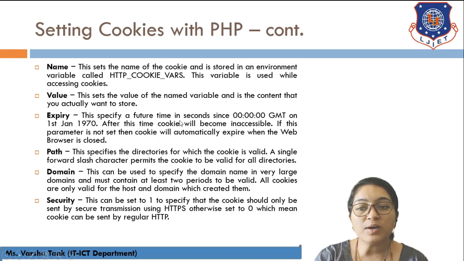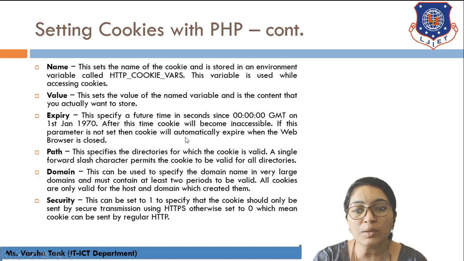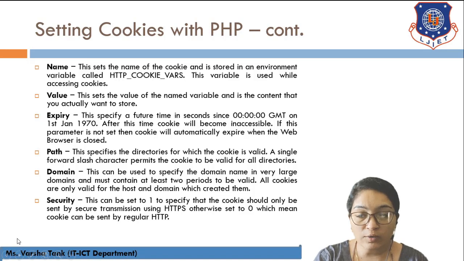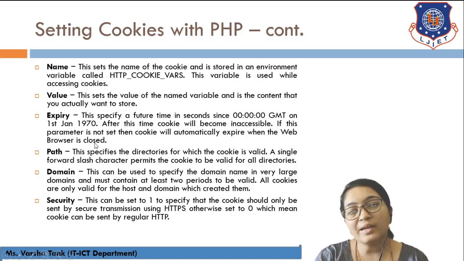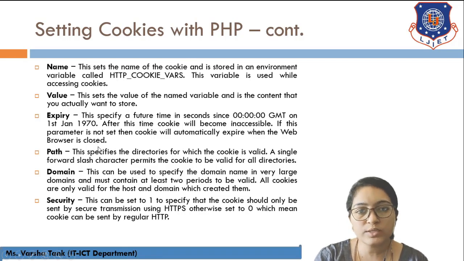This specifies the future time in seconds since 1st Jan 1970. So after this time, cookie will become inaccessible. If this parameter is not set, then cookie will automatically expire when the web browser is closed. If you have not defined the expiry time parameter, then the cookie will expire whenever you close the browser.